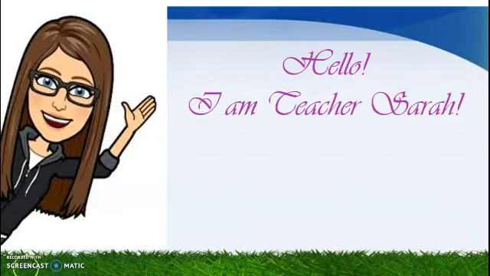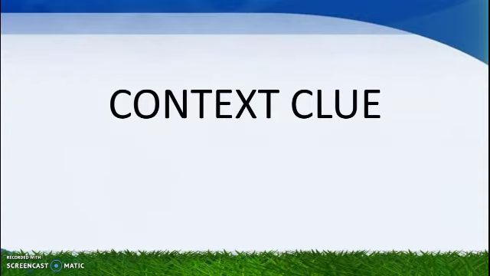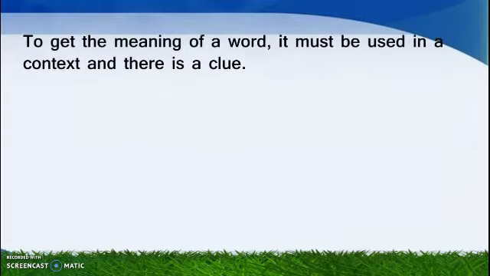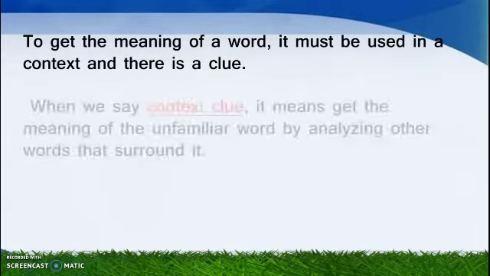Today, we're going to discuss context clues. How can we get the meaning of unfamiliar words? To get the meaning of a word, it must be used in a context and there is a clue.